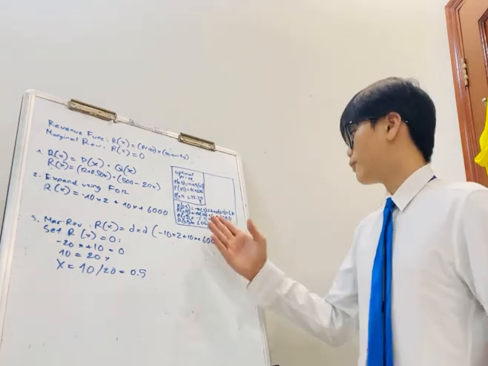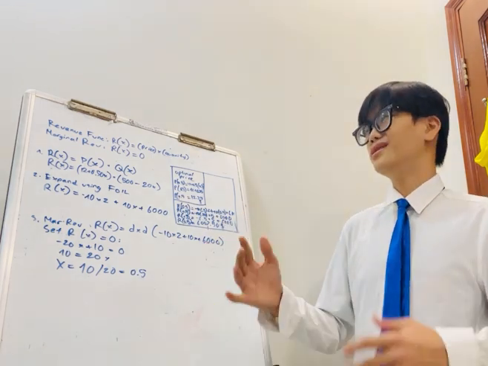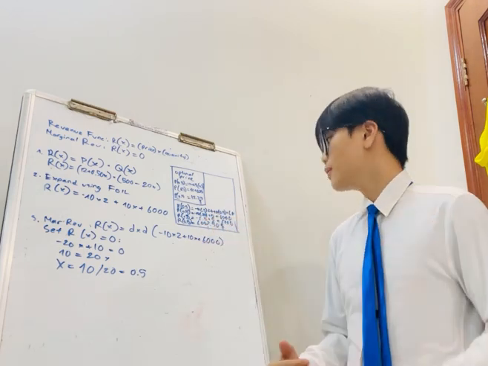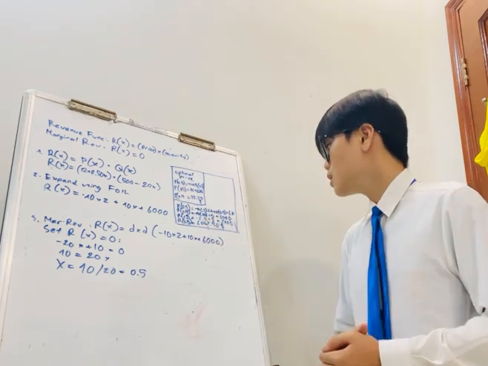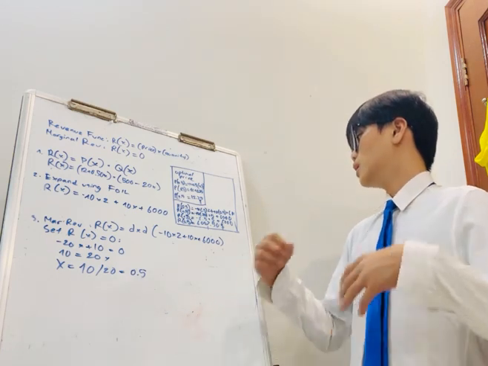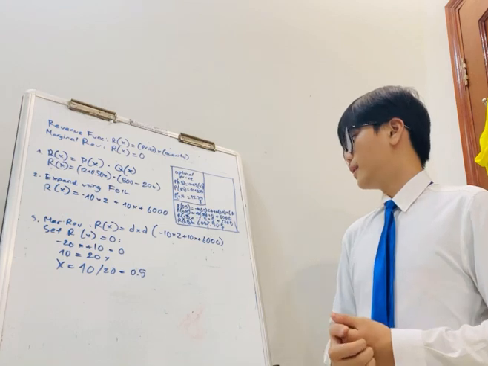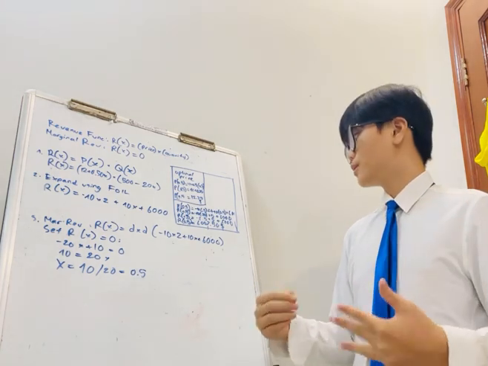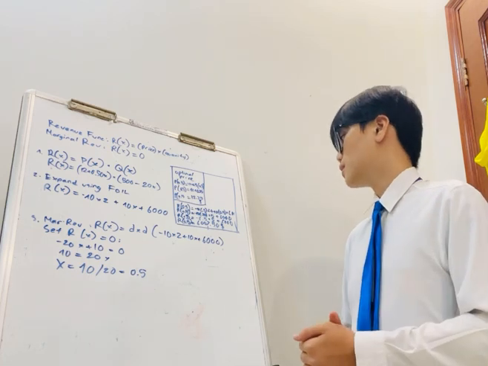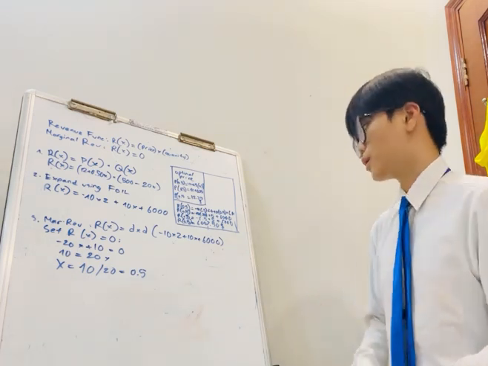After multiplying minus 10 by 0.25, I get minus 2.5 plus 5 plus 6,000, which equals $6,007.50. So that is my answer for this case study.